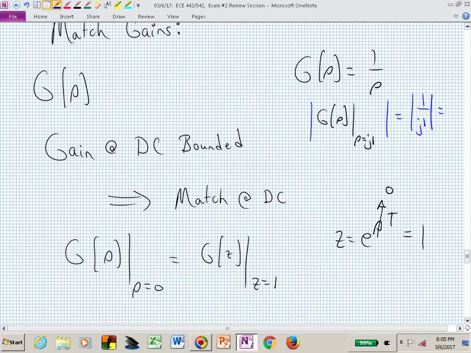But then you can't just be arbitrary on z. Now you would have to be consistent with g of z. This is getting really messy, but this is now g of z at z equal to e to the j1 times t, because we've replaced s with j1, whatever t is, and now you would find the magnitude of this complex number and set that equal to 1.